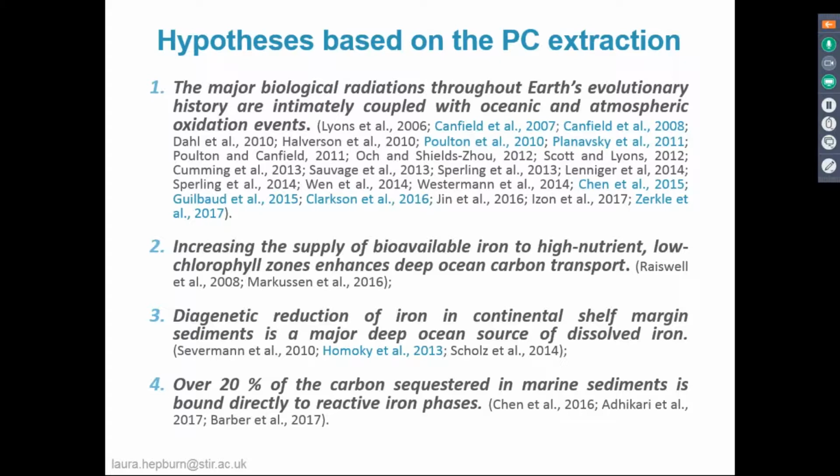Now, the purpose of this slide is not to go through each individual hypothesis. What I want to show you here is that each of the references in this slide is based on the Poulton and Canfield technique. Each of these references has over 100 citations, and the ones that are highlighted are published in Nature and Science journals as well.